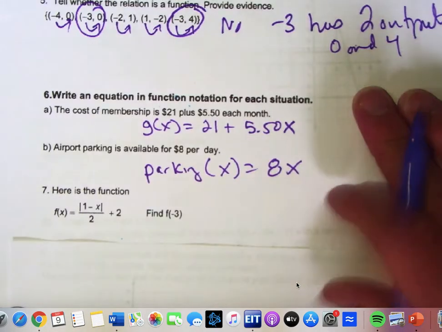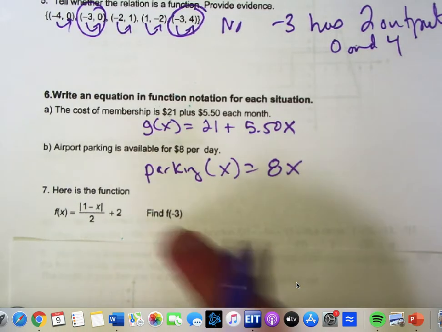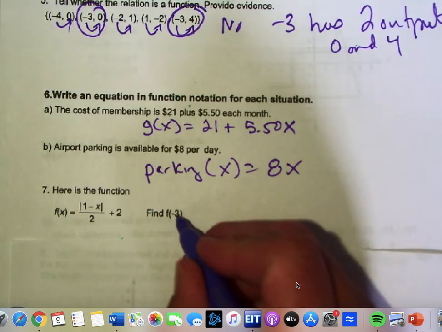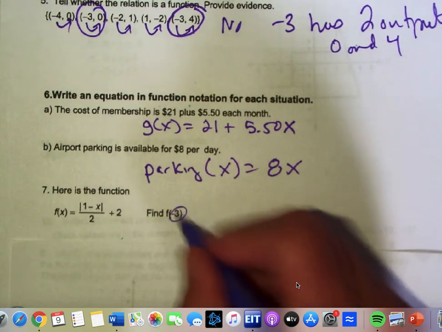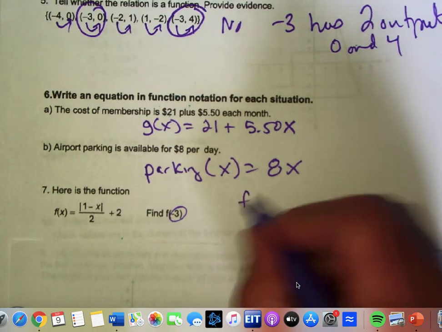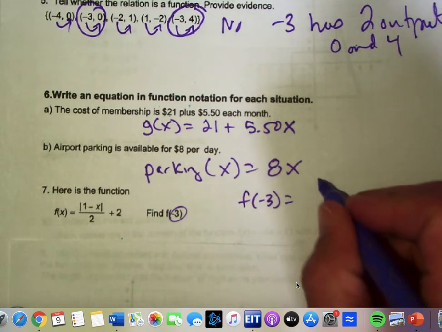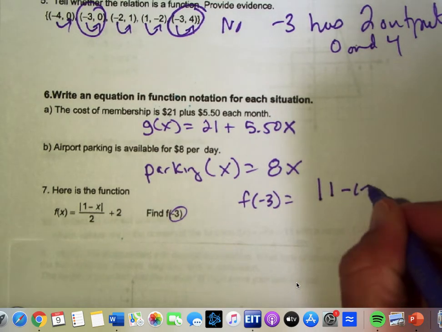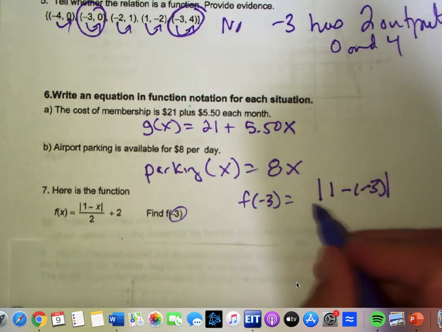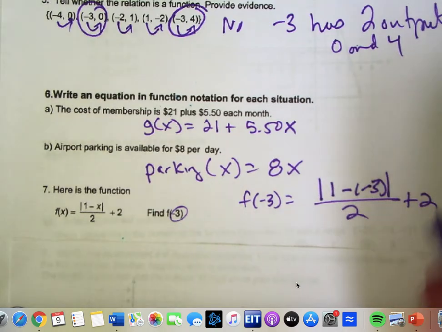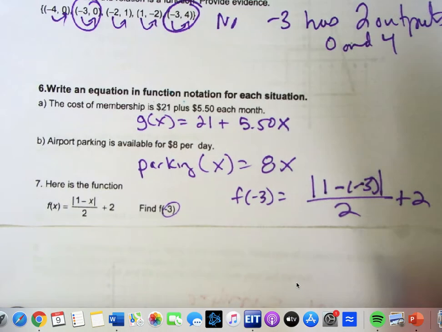Okay. Here's this function. Find f of -3. So that takes -3, this is your input, and puts it into your rule. So f of -3 equals the absolute value of 1 minus -3, over 2, plus 2. This can cancel.